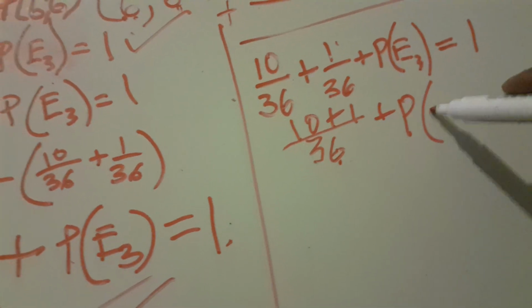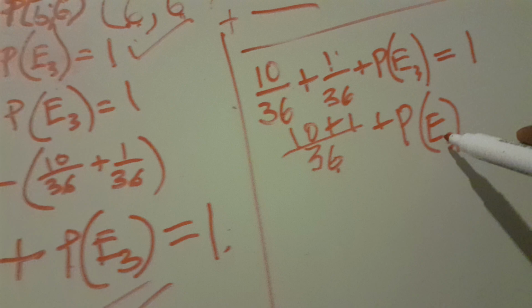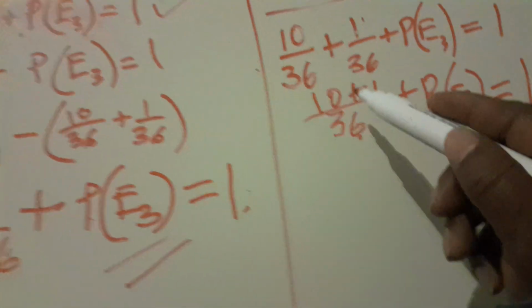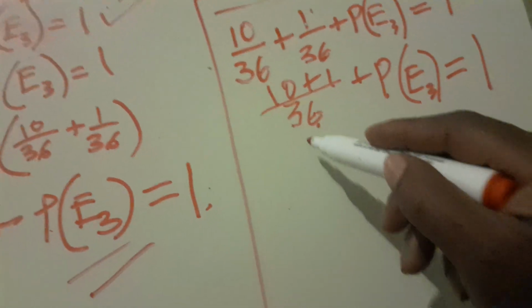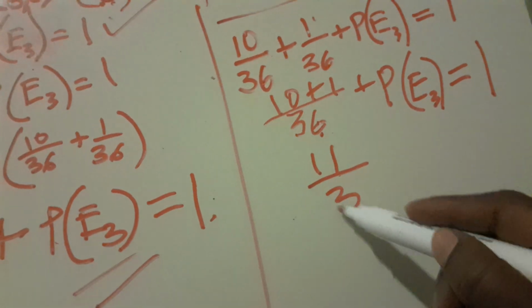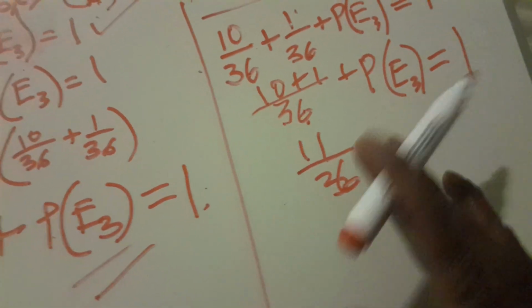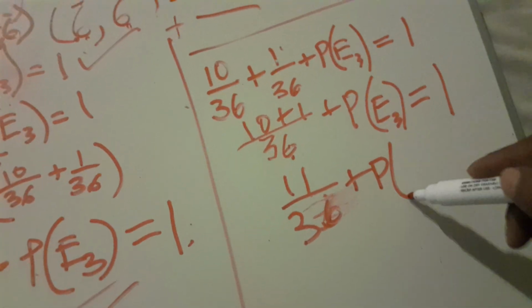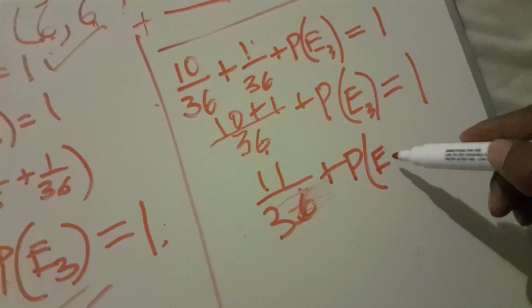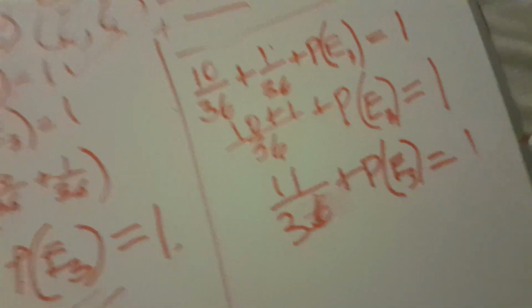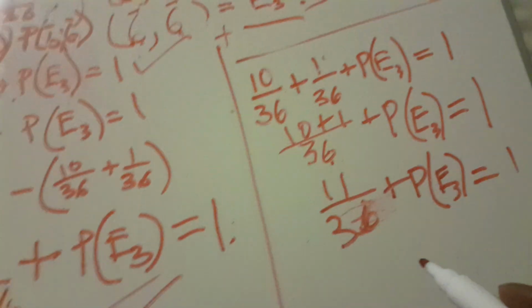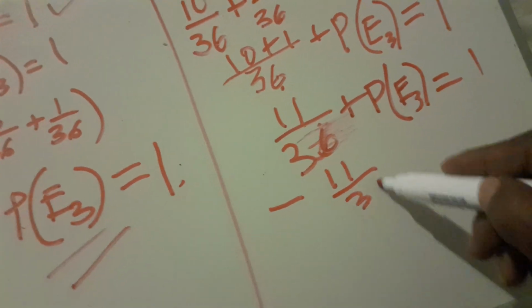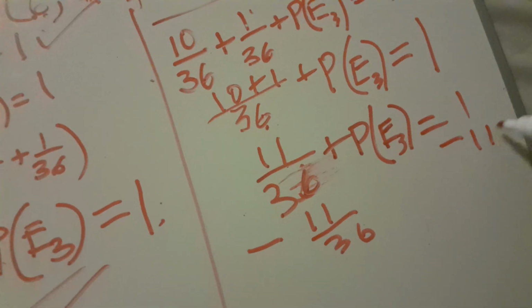Plus the probability of not a 6 and not a 6 is equal to 1. This goes down to be 11 out of 36 plus what we are looking for, the probability of not a 6 and not a 6. Then we need to subtract 11 out of 36 from both sides.